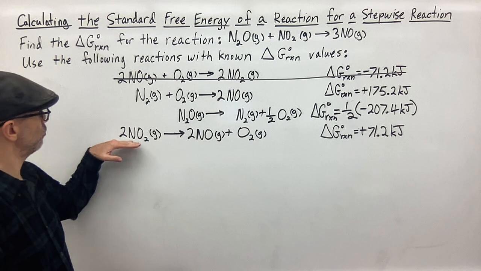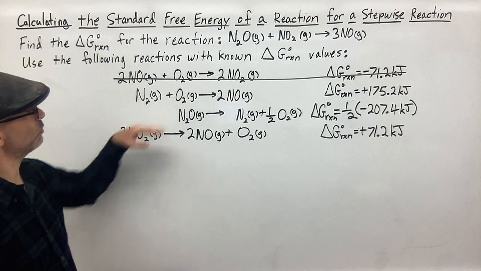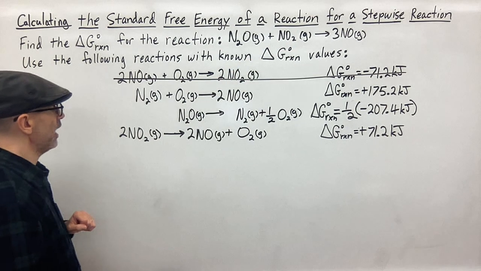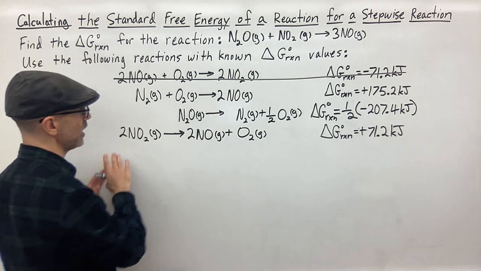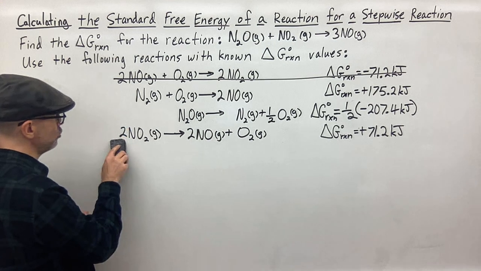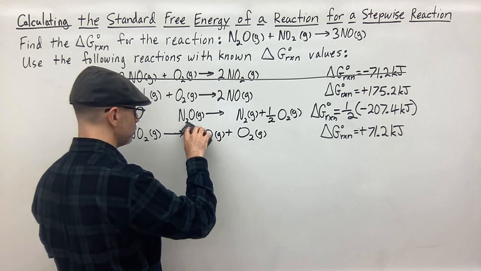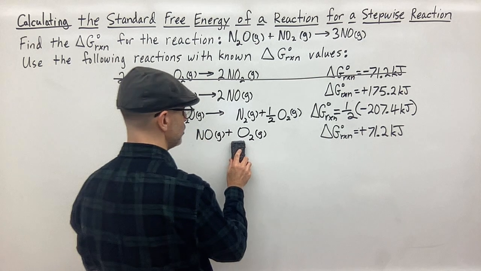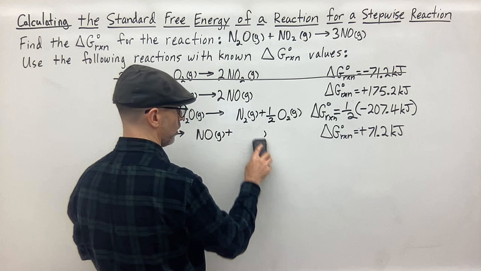Now we have the NO2 as a reactant, which is here. But notice I only have 1 here, but I have 2 here. So again, I'm going to have to divide the equation by 2 so I can get 1. 2 divided by 2 is 1. 2 divided by 2 is 1. And then I have my oxygen here. I have 1, so I'm going to divide that by 2, and I'm going to get 1/2.